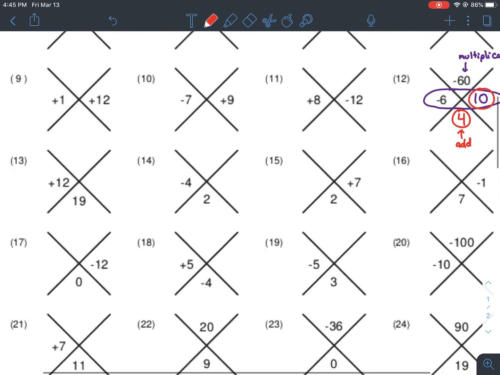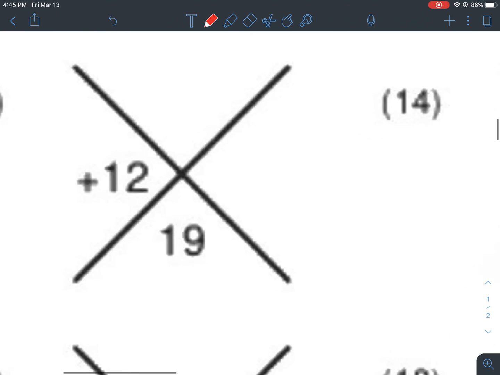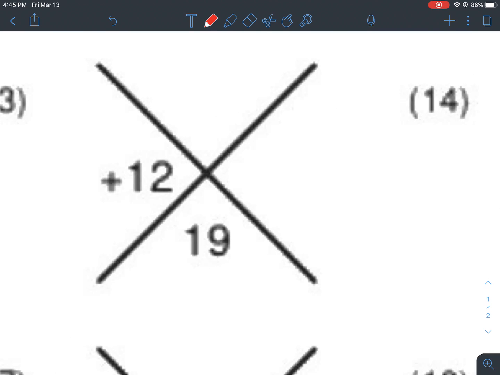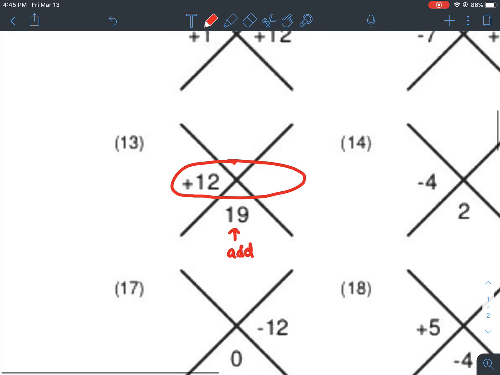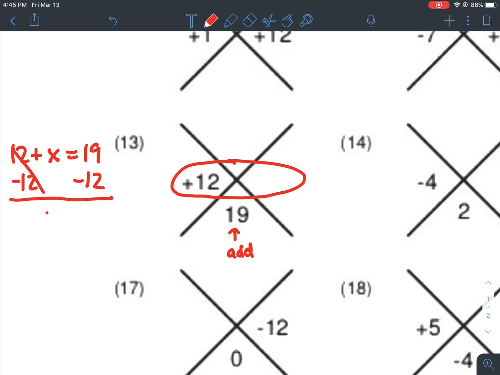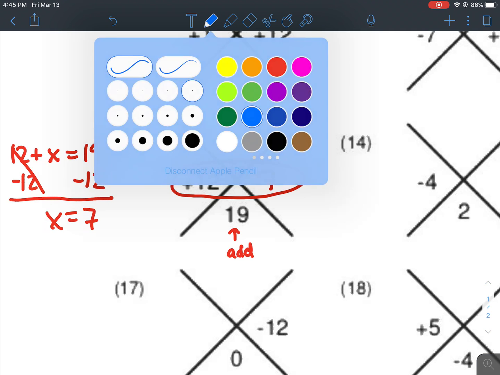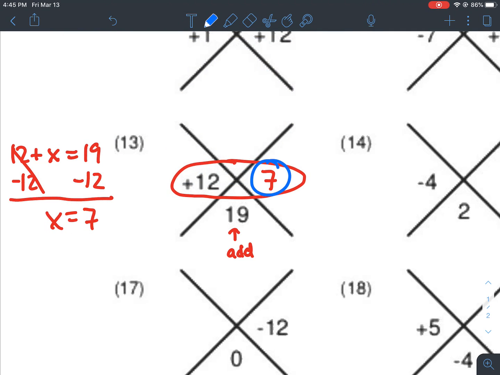Now the other possibility is we're given a side number and the bottom number. Remember that the bottom comes from addition. So I want to be asking myself, 12 plus what number gives us 19? Pretty quickly, if we subtract 12 from both sides, we can see that x is going to equal 7. So that's the number that goes over here on the right-hand side.